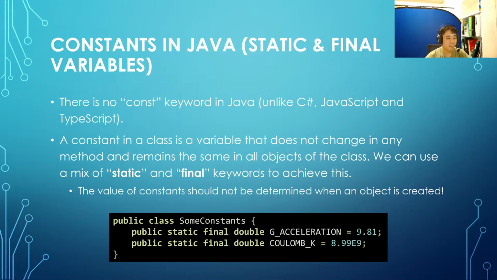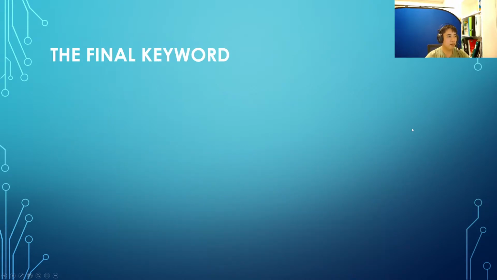I'm using the exponential notation here because that's how we write scientific notation. This is just one way we can write it instead of using a multiplication operation. All right, let's move on.